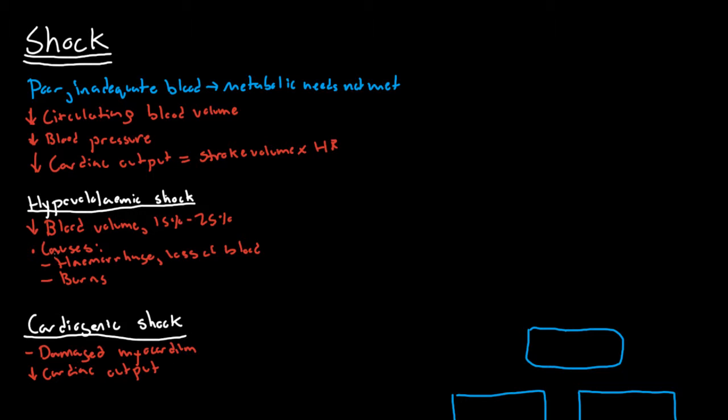But we also have a decrease in blood pressure, since blood pressure can be measured by cardiac output times peripheral resistance. And peripheral resistance basically means how much a blood vessel is constricting, or an artery is constricting. So if we have a decrease in cardiac output because the heart is failing, we're also going to have a decrease in blood pressure.